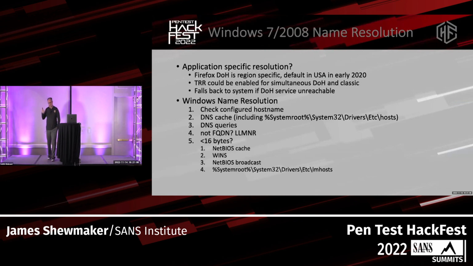And, to get, again, in a little more modern aspect to that, a little more specific, I mentioned dealing with the issue where Firefox on Linux, the DNS over HTTPS is automatically enabled, but by region now. So in the US, it defaulted in early 2020, but it does have some sanity checks.